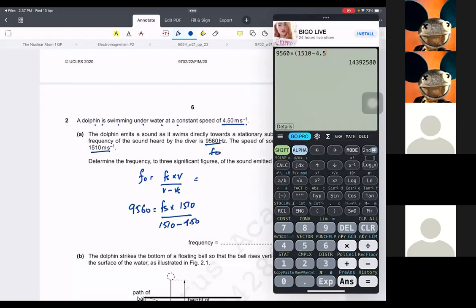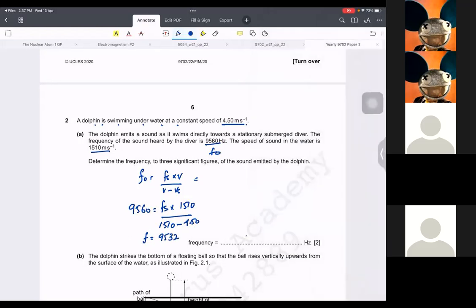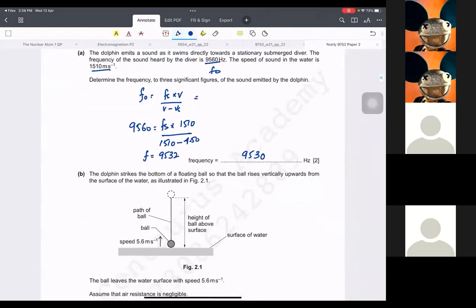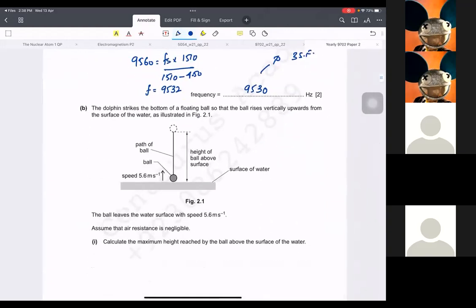This is divided by 4.5. So I'm getting f to be 9532. Because I want to write it to 3 significant figures, as all my values are 3, I would write it as 9530. Because the minimum significant figures was 3, that's why I wrote it like this.